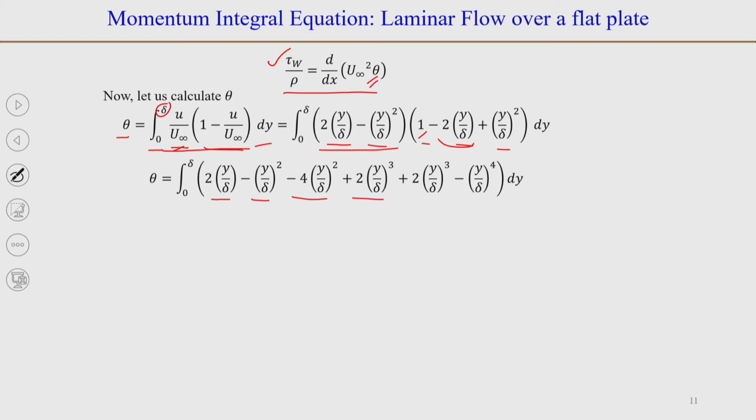And finally, we can multiply the third term in this second bracket with the terms in the first bracket. So, we will get plus 2 y by delta cube, and the last term will be minus y by delta raised to the power 4. So, we can combine the terms here. We have 2 y by delta raised to the power 2, and 2 terms we have with y by delta raised to the power 3.